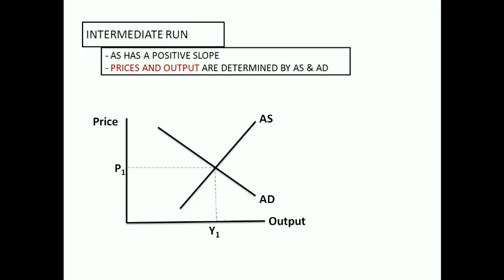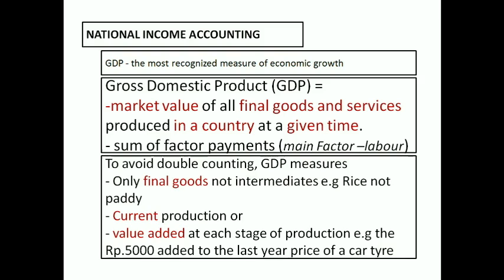In the intermediate run, the slope of the aggregate supply is positive, unlike in the short run and the long run, and prices and output are determined by an interaction of aggregate supply and aggregate demand.